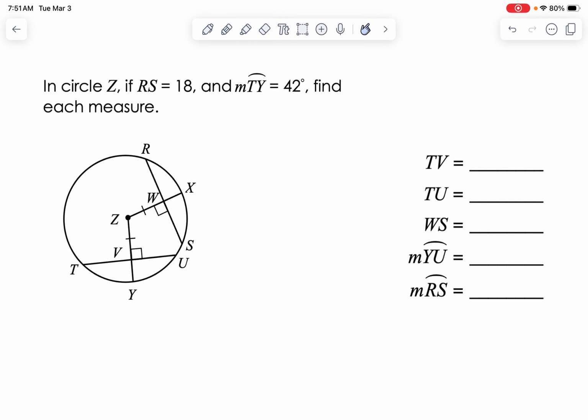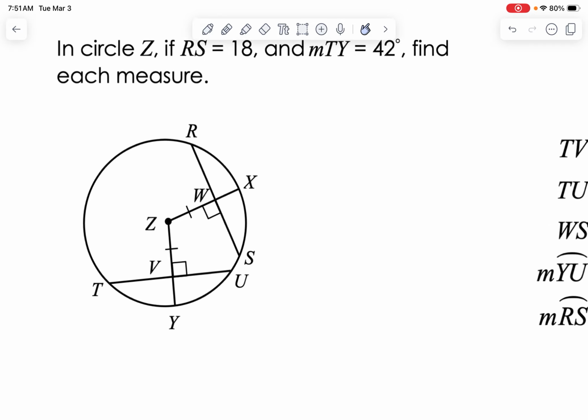Okay, wow, we got a lot more going on in this. It says in circle Z, if the length of RS is 18 and the measure of arc TY is 42, find all the measures over there on the right. Okay, so let's write what we got.